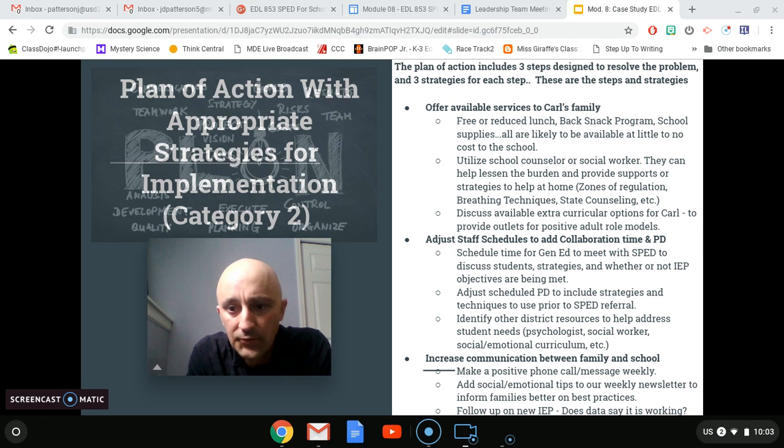As far as schedules, whether it's weekly or biweekly, we've got to get the 2 classrooms, the Gen Ed and SPED classrooms, working together so they can really talk about the needs of the students and what is working, what's not working. And if IEPs need to be changed, we should get documentation or data as we're working through an IEP. And when we collaborate, we can look at that data and see what needs to change.